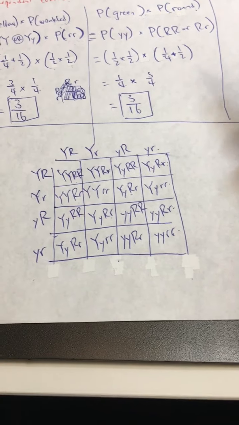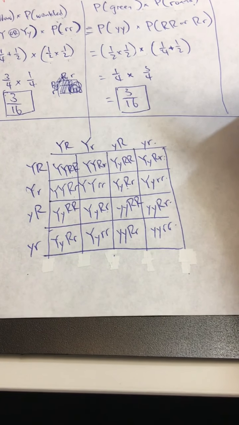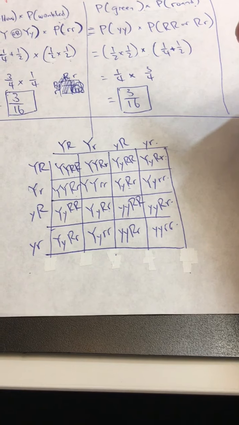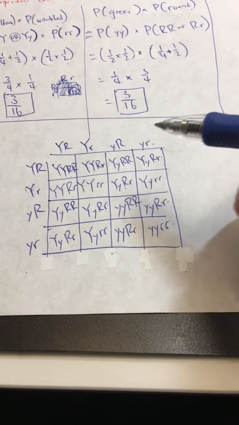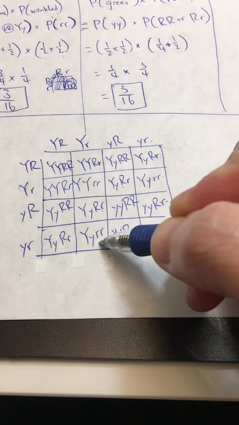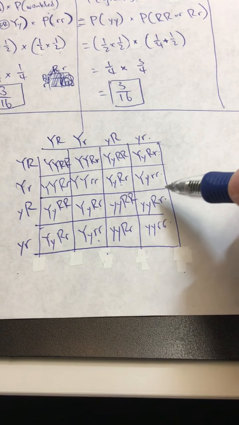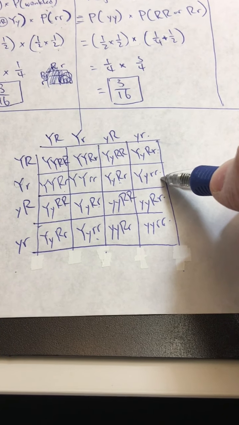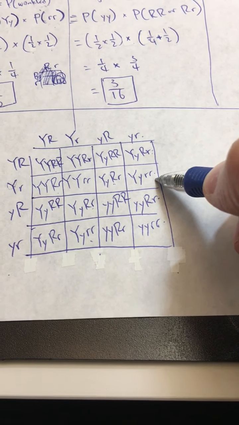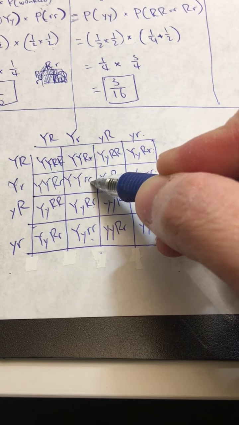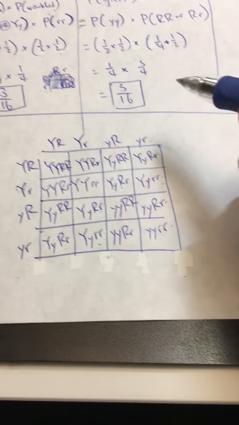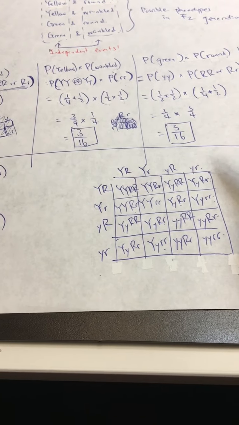Now going back to this table, we can verify that for the pea to be both yellow and wrinkled, that's this one, this one, and this one. So that's 3/16.